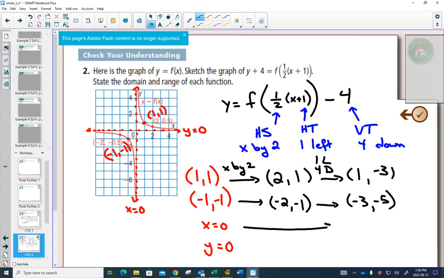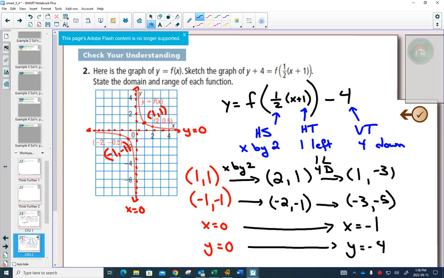That this asymptote is going to change to x equals -1. And the only thing that would change a horizontal asymptote is if your graph moved up or down. We're moving 4 down. We were at y equals 0. Shifting that 4 down will change this asymptote to y equals -4.